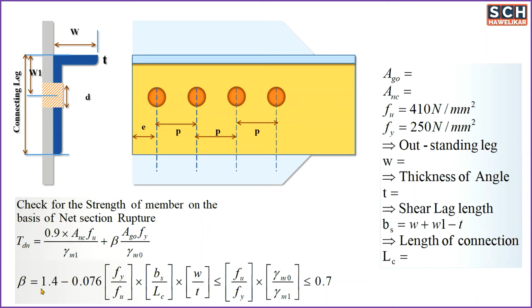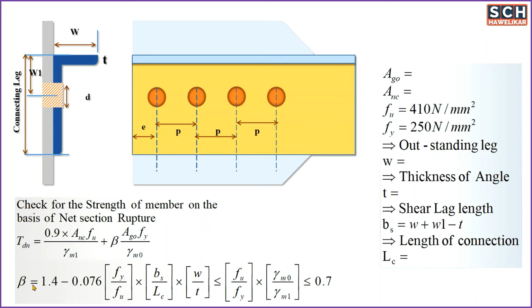To calculate beta, we require all these quantities. Beta is equal to 1.4 minus 0.076 (W by T)(Fy by Fu)(Bs by Lc). Beta must be less than or equal to Fu by Fy into gamma m0 by gamma m1, and not less than 0.7.